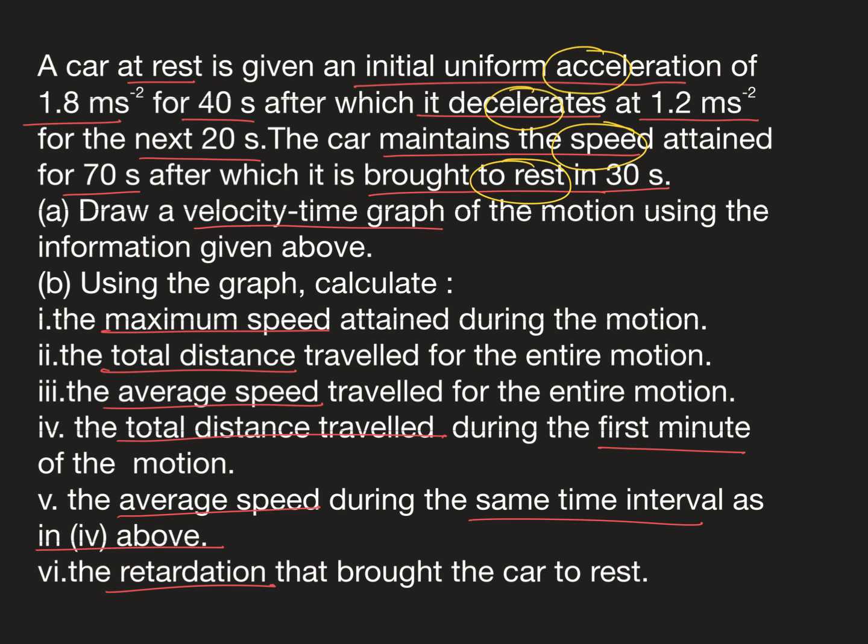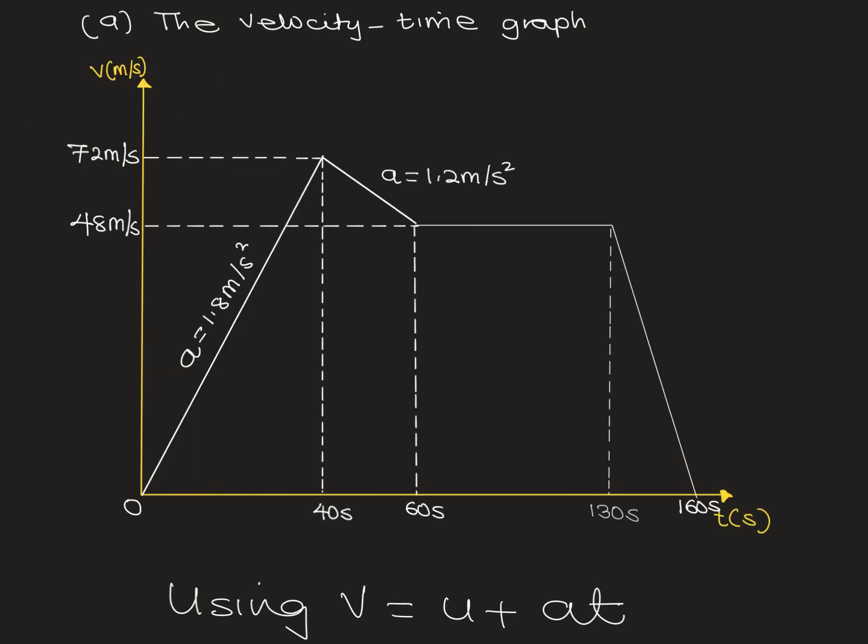Question 2.4 is asking us to find the total distance traveled during the first minute of the motion. So if we ask ourselves, where is the first minute of motion attained? That is 60 seconds exactly. So the question wants us to find the total distance traveled after 60 seconds.